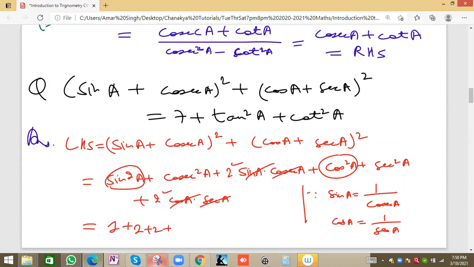2 plus 2, and plus cosec square A plus sec square A will be the next value.